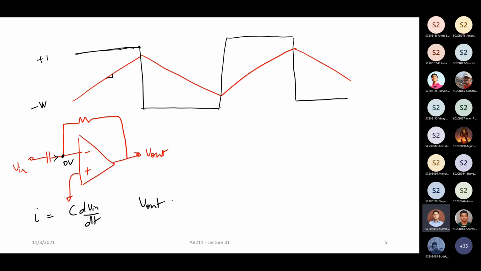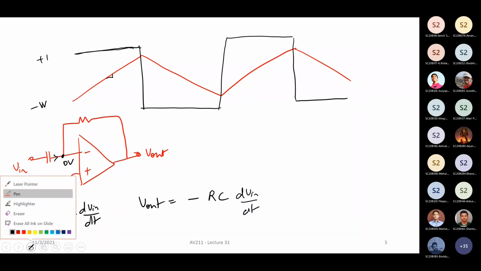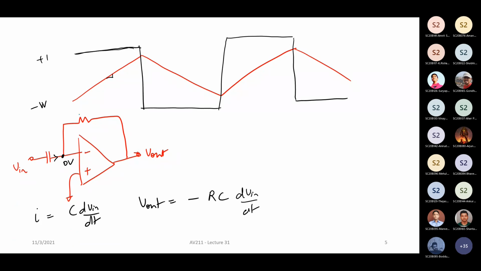The output is basically going to be minus RC dVin/dt. In the actual case, you will have a flip in the polarity because of the inversion, so it will look like this. But nevertheless, it's a square wave with the same frequency. That's all.